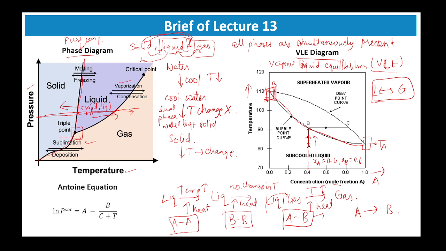So this curve represents where you observe the first bubble, like the first bubble is formed from the liquid. After this point, the temperature change will not be much. So this will represent vapor plus liquid.